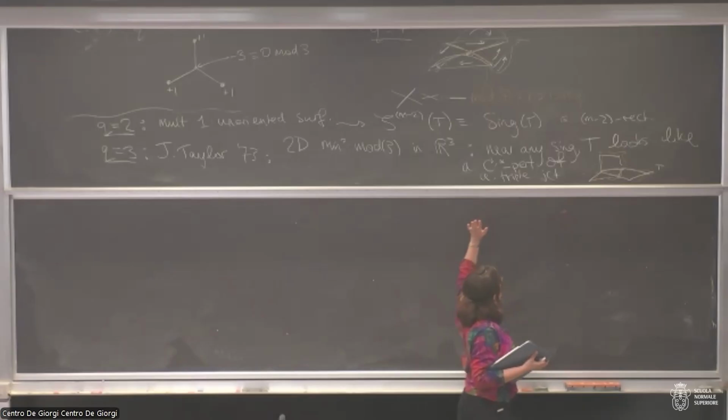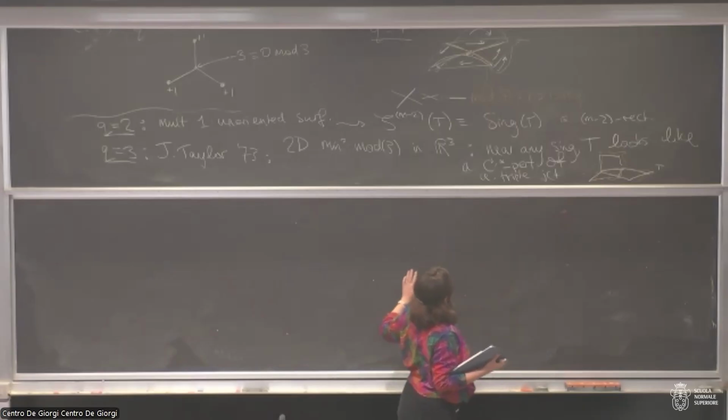So mod Q, the highest density that one has almost everywhere is Q over 2.